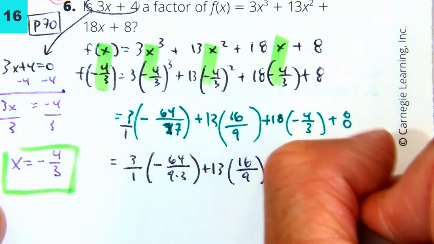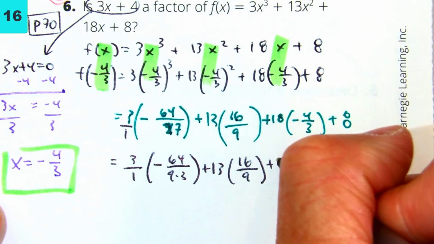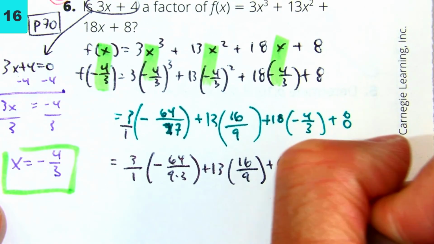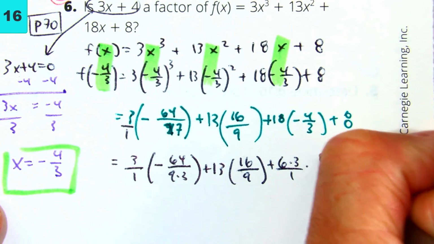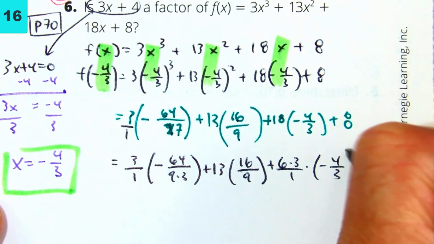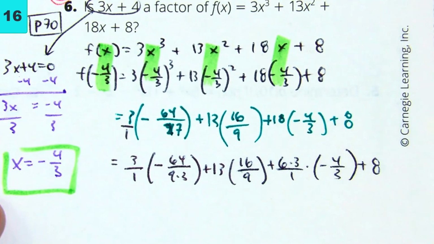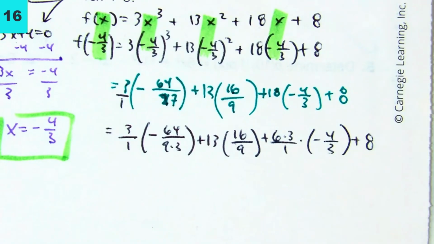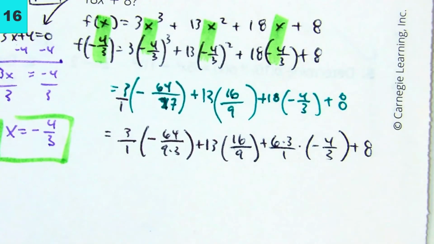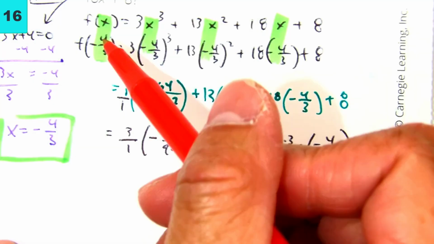And then I'm going to write 18 as 6 times 3. Plus 8. And you might be asking, why am I doing all this work with a fraction? Because they have a fraction. They actually didn't give us a decimal.